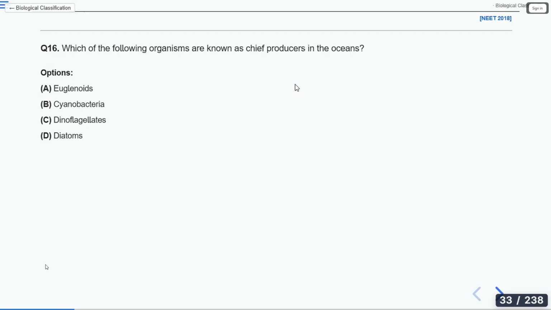What about dinoflagellates? Where can you see dinoflagellates? Okay, marine. What about diatoms?